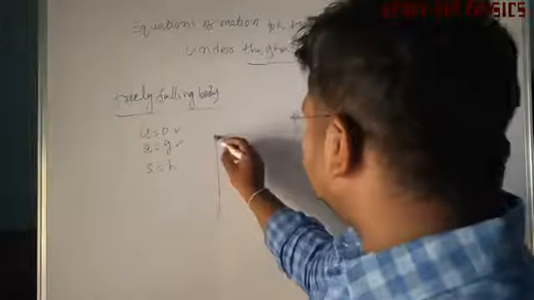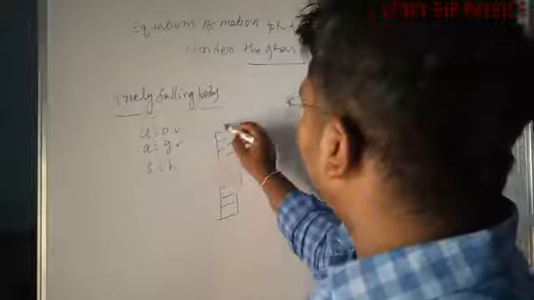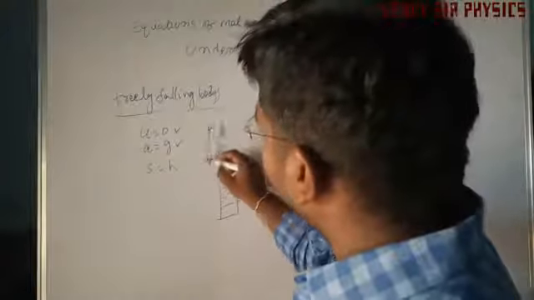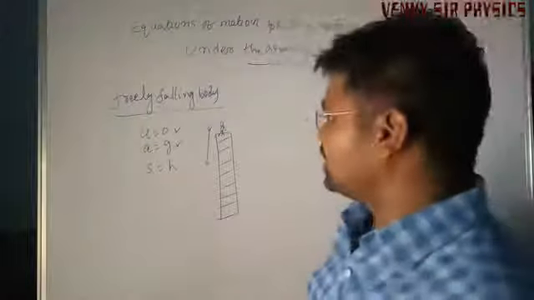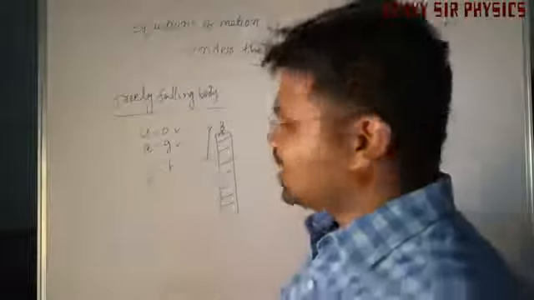So consider a tower. Here Satish is standing and releases a ball. Initial velocity is 0, acceleration is g, s is equal to h. Time is the same; time will not change.